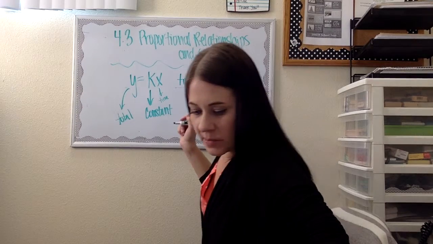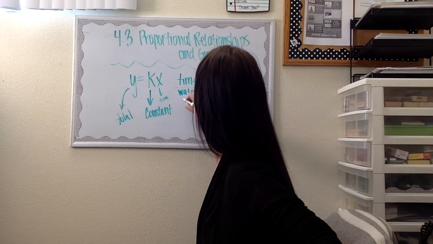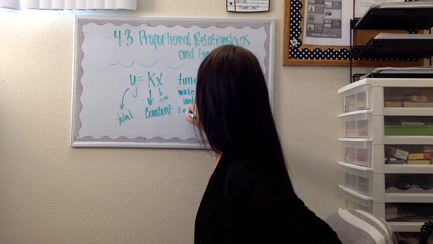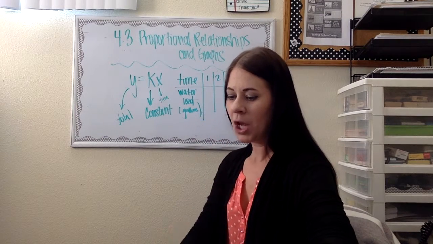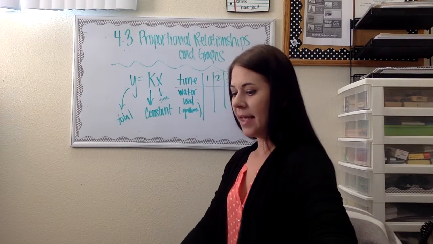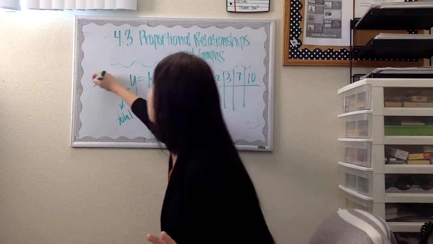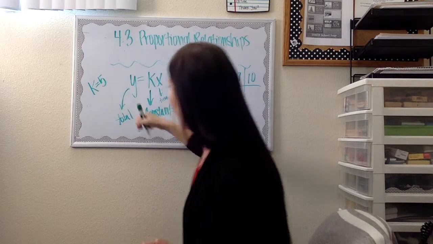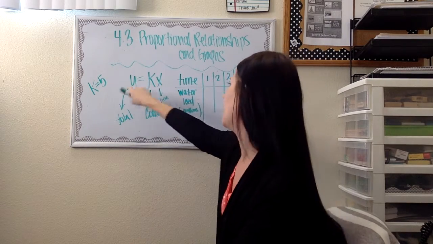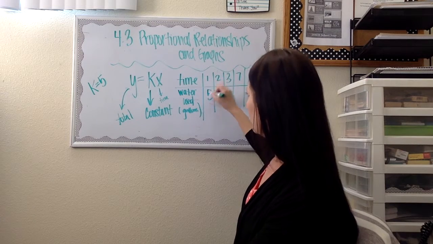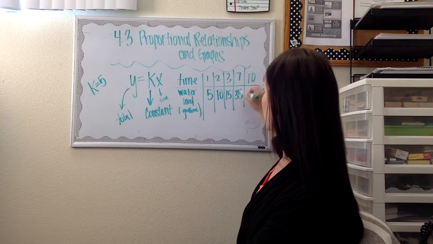In this case, we're going to make y water used, and the unit is gallons. If they tell us that k is 5, that means every x we multiply by 5 to get the y. So 1 times 5, 2 times 5, 3 times 5, 7 times 5, 10 times 5.